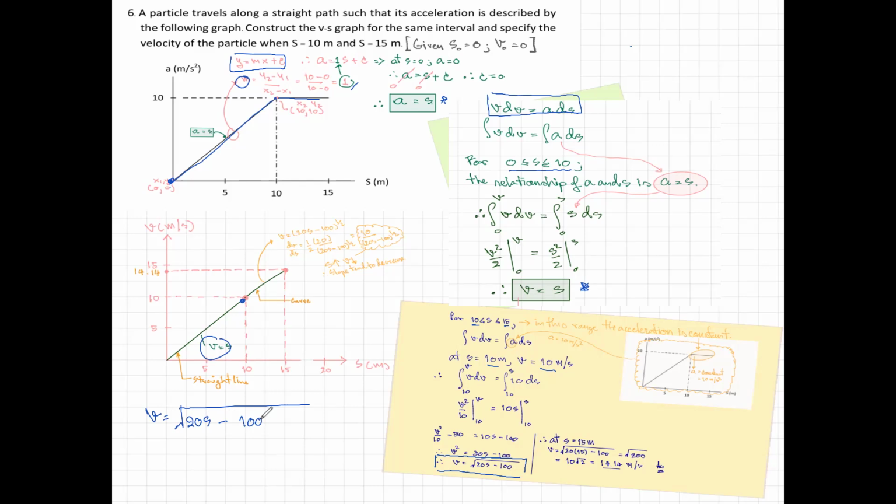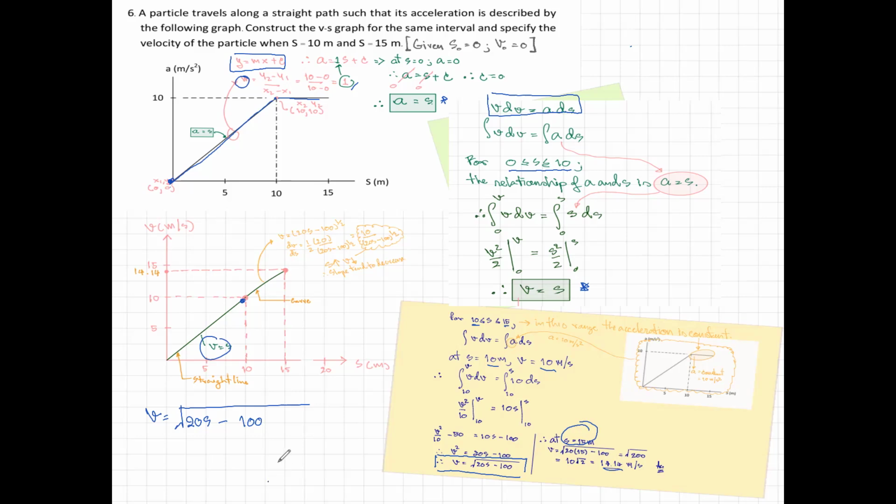We can determine the point at the end point. For S equal to 15 meters, we substitute and get 14.14 meters per second. But the curve is not linear, it's not a straight line. It is a curve. So how can we know in which direction the curve goes?